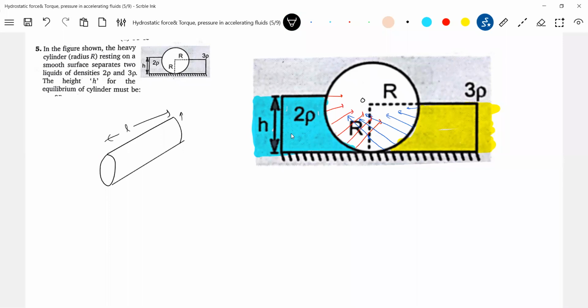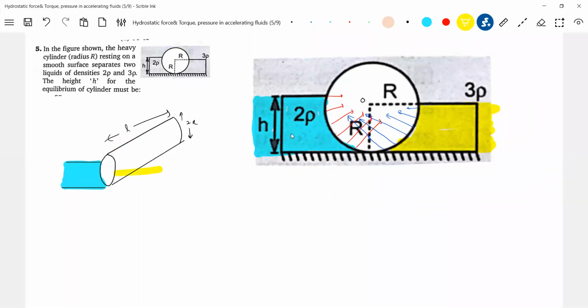And the radius is r and the diameter is 2r. On this side, there's a liquid. I think if I show it like this it will also be wrong. Okay, I have only this much to display.